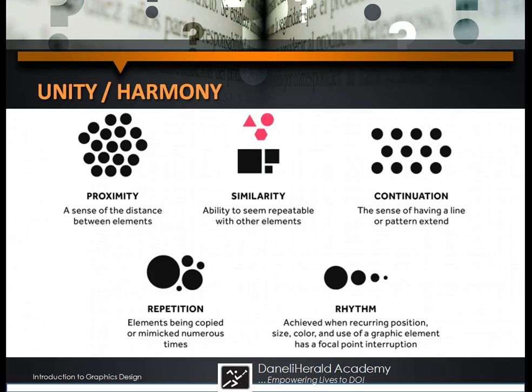We'll go there shortly. Now, the principle of continuation is the sense of having a line or pattern extend. If you look at these, you'll see that they are aligned on the center, on the top, and on the bottom. The second line also, all the circles are aligned. Bottom, all the circles are aligned.